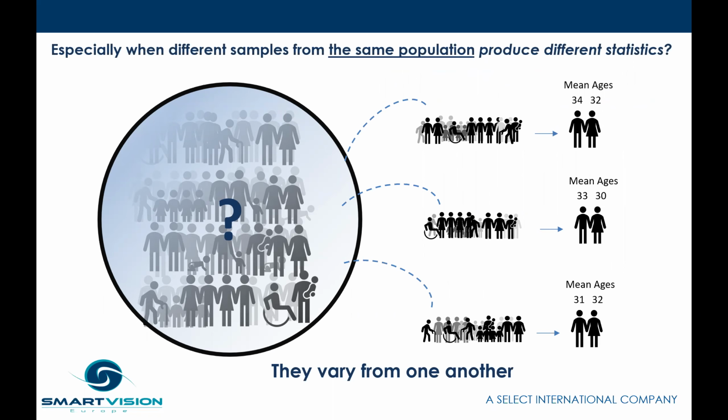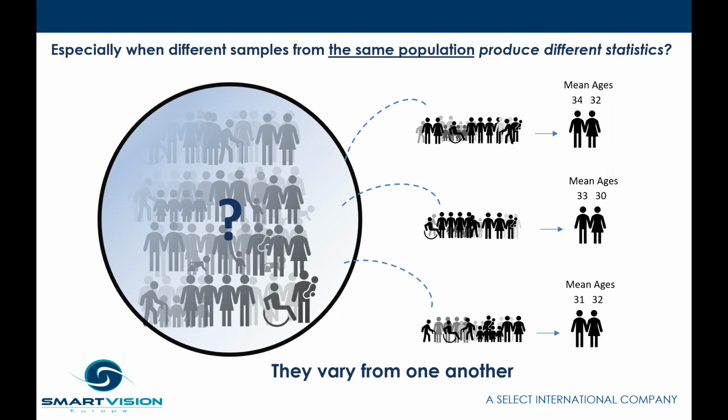In the same sense, if we wanted to calculate the mean age of men and women from a given population, we might take one sample and find that the men are 34 and the women are 32, another sample where the men are 33 and the women are 30, and another sample where the men are 31 and the women are 32. They vary from one another. Samples vary from one another.